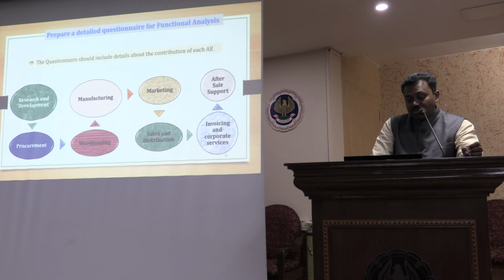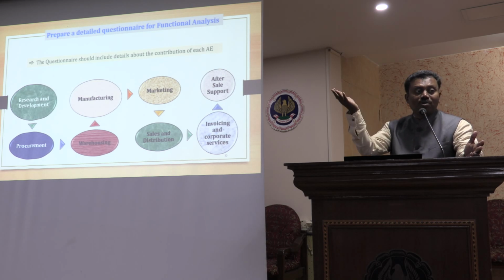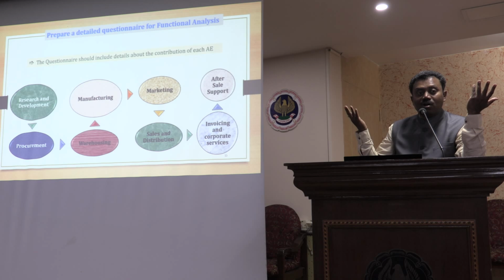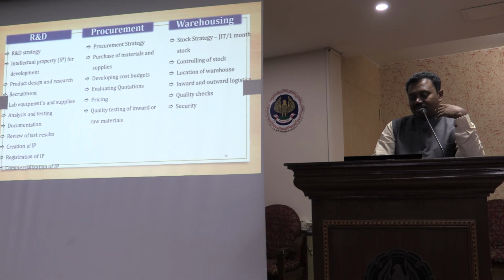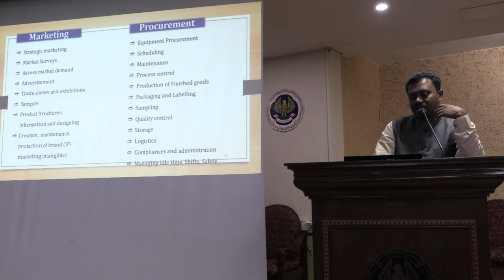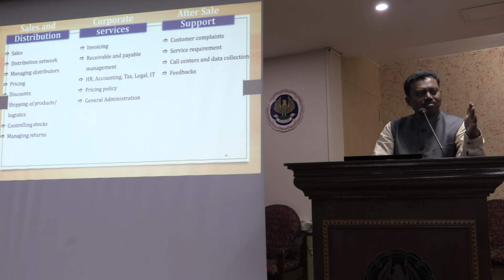Functions analysis. You have R&D, manufacturing, marketing, procurement, warehousing, sales, distribution, after sales, invoicing and corporate services. So many functions are there. Which constituent of the group is doing which service, my God, and how much profit we should attribute to which function. It is like, again, auditor.